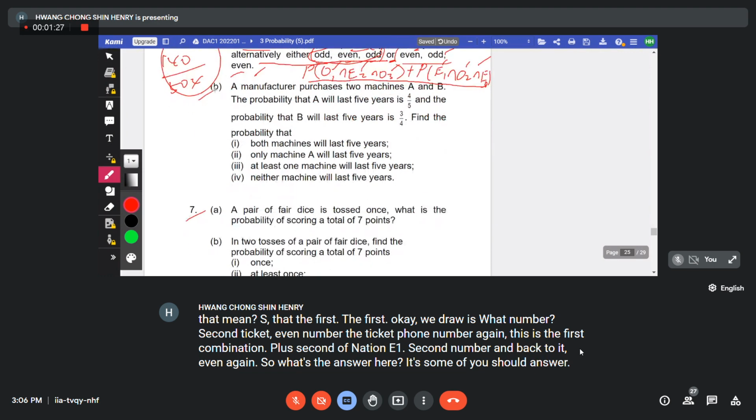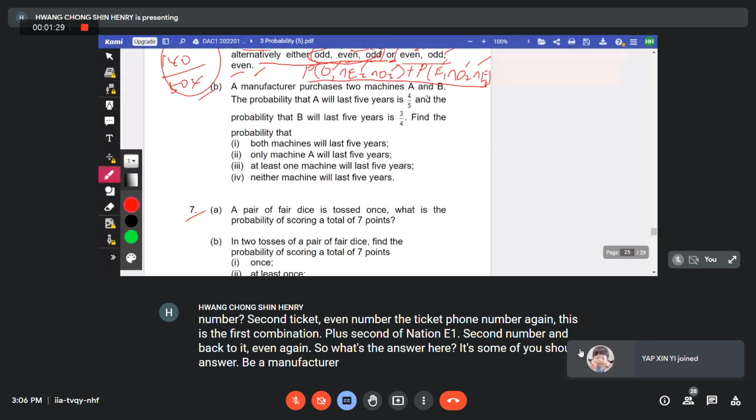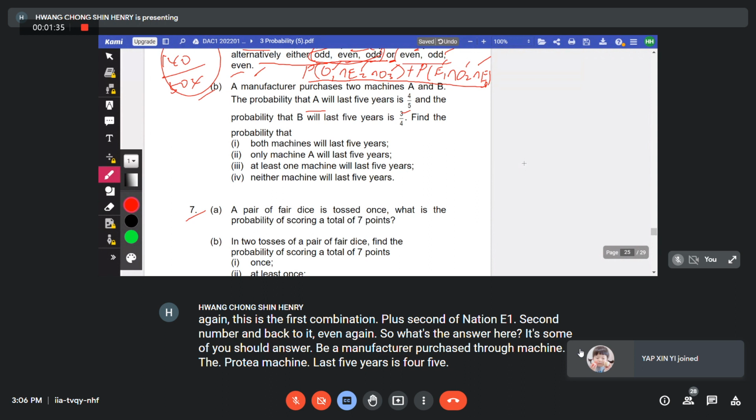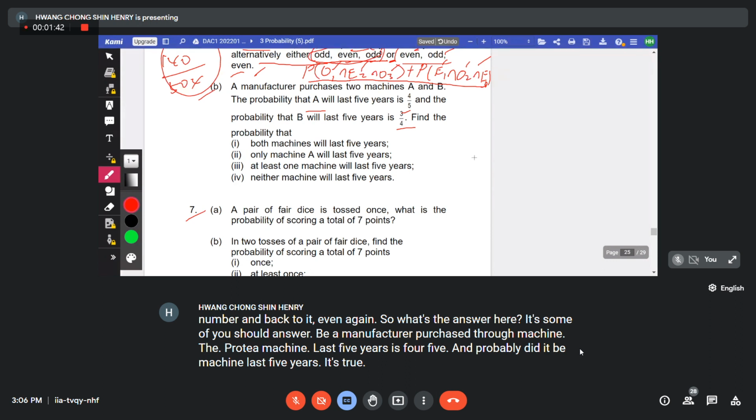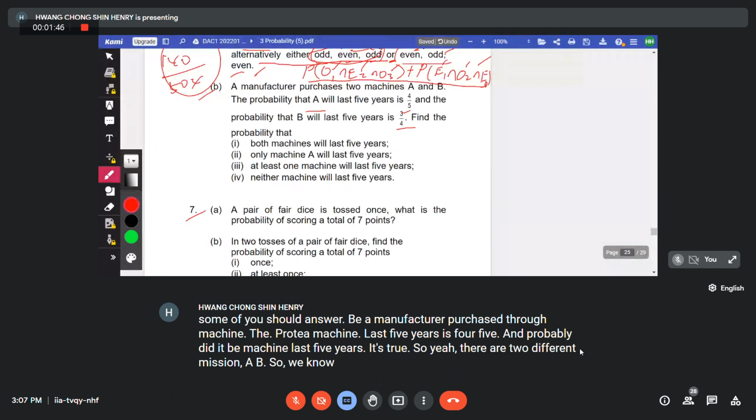Okay, B. A manufacturer purchased 2 machines, A and B. The probability that machine A lasts 5 years is 4/5. And the probability that machine B lasts 5 years is 3/4. So see, there are 2 different machines, A and B. So we know that machine A and machine B are what? Independent.